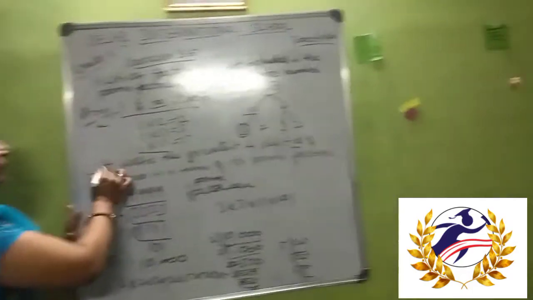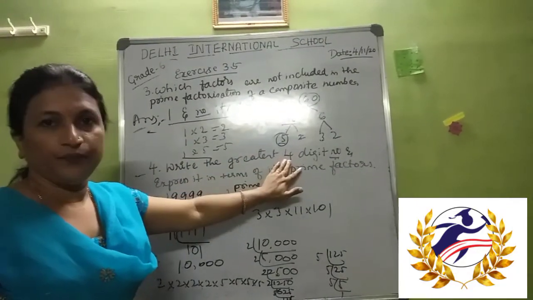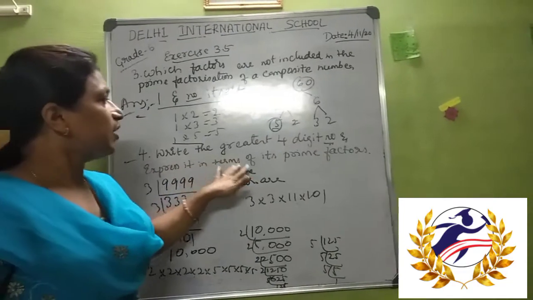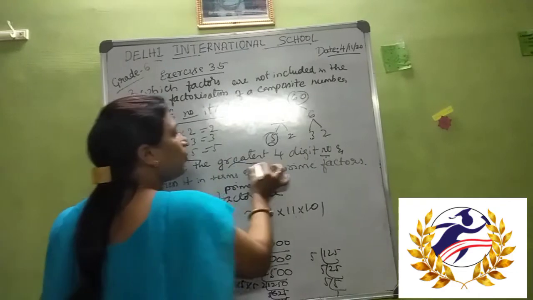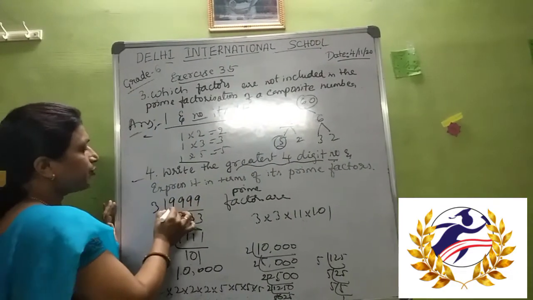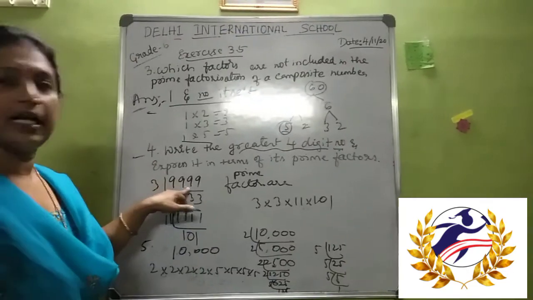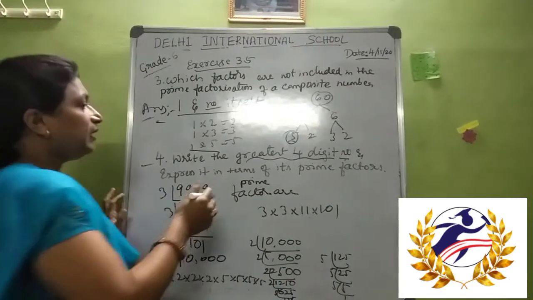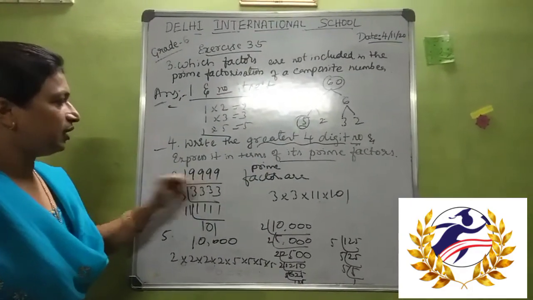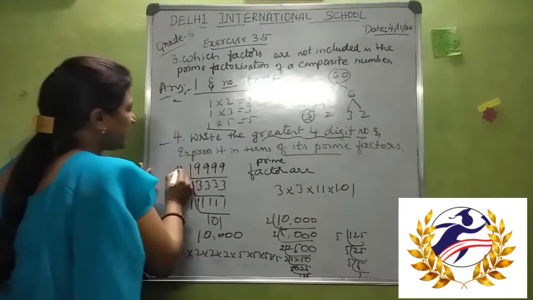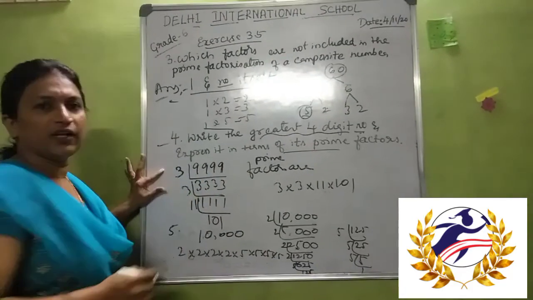Next we will move on to the fourth problem. Write the greatest 4-digit number and express it in terms of its prime factors. The greatest 4-digit number is 9999. If I do the factorization of this number, first I will take the table of 3, because 9 will not go with the even number 2.